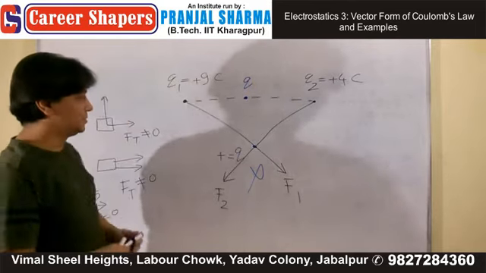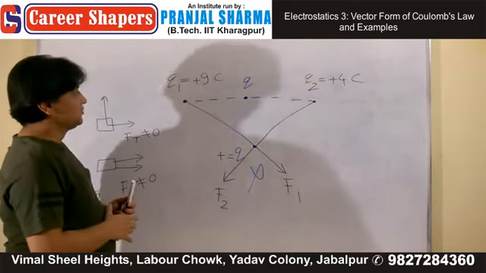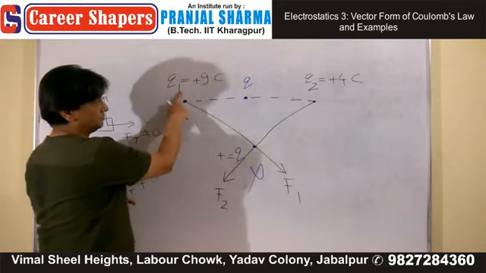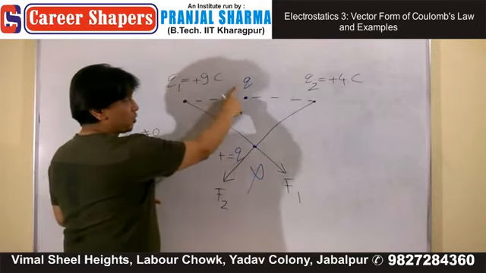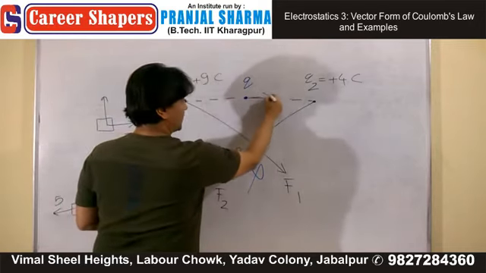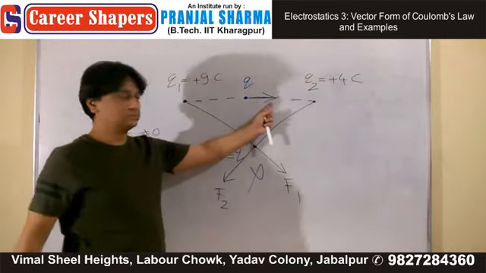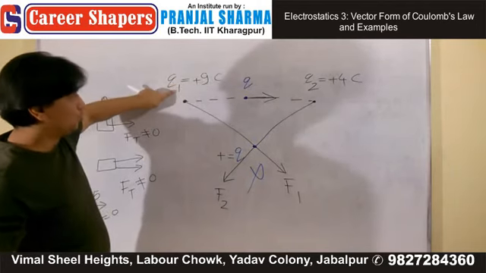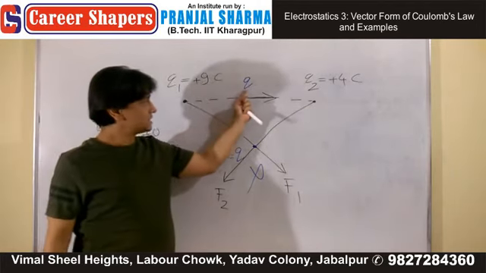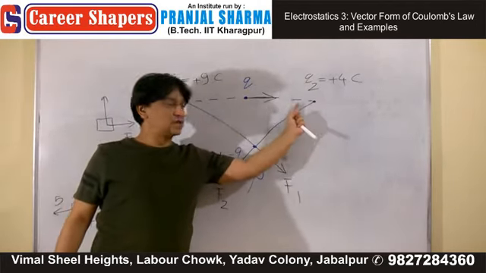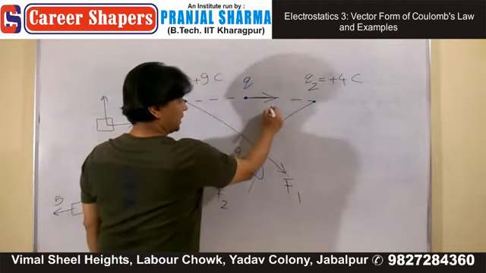Now what will happen? This Q1 is going to repel Q in this direction. Force of repulsion. Q1 is repelling Q in this direction. Call it F1.